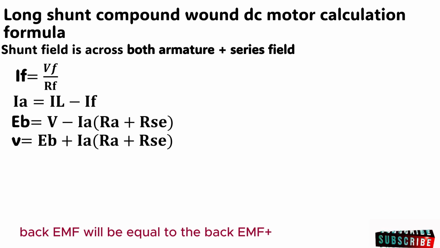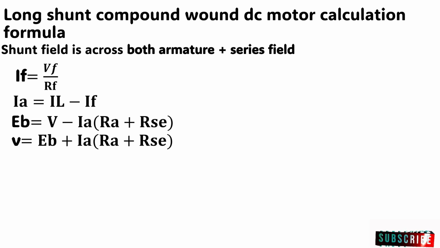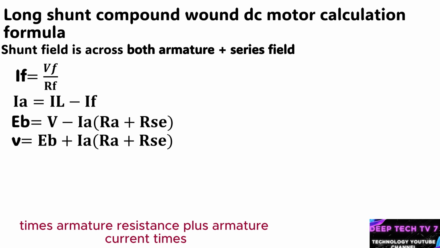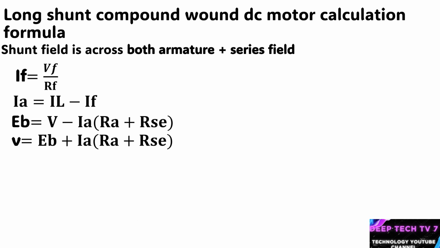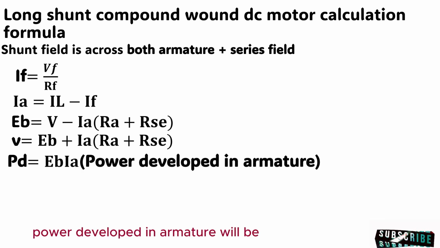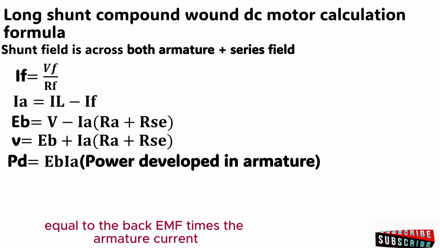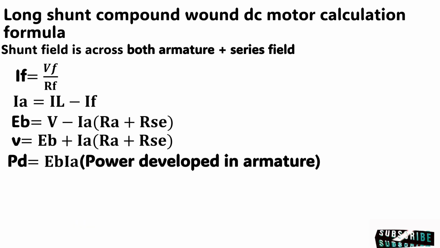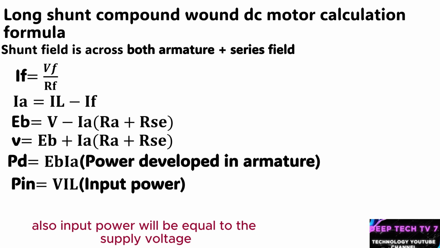Supply voltage will be equal to the back EMF plus armature current times armature resistance plus armature current times series resistance. Power developed in armature will be equal to the back EMF times the armature current. Also, input power will be equal to the supply voltage times the supply current.